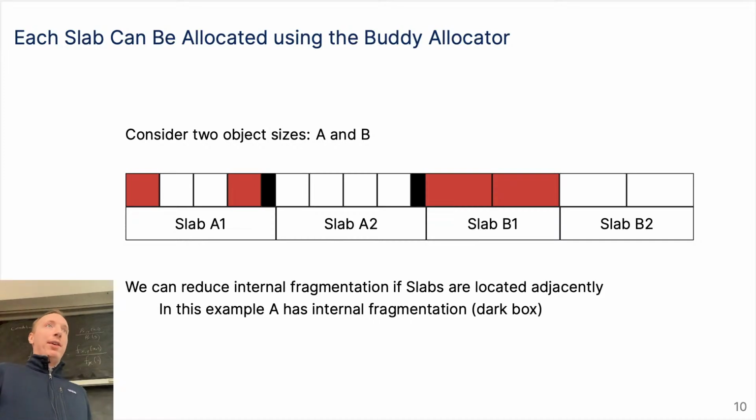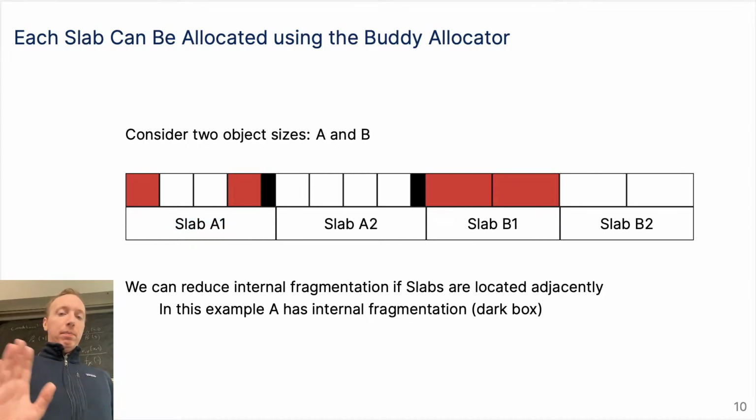So consider we have two object sizes. We have A's and B's. You might have your buddy allocator give you a fairly big block of memory. So you'd have a slab 1A for all objects of size A. And then say, because it's a power of 2, you can only fit 4 in there because they're a weird size. So that black box would be internal fragmentation.